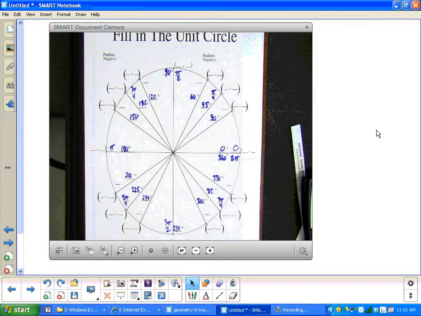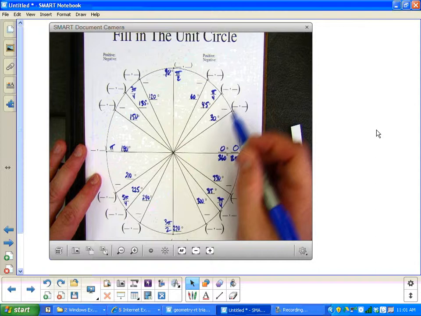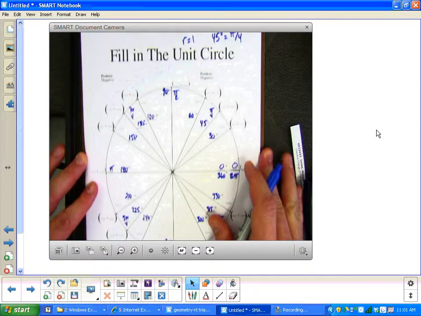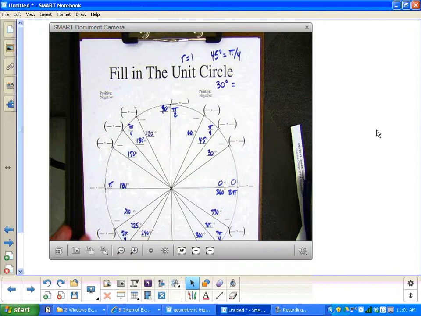Now, the other one that we're going to do is our pi over, or our 30 degrees. Let me write this at the top for you. Okay, so 30 degrees equals, okay, now look on the board here where I converted 30 degrees. All right, remember how we can convert degrees to radians?